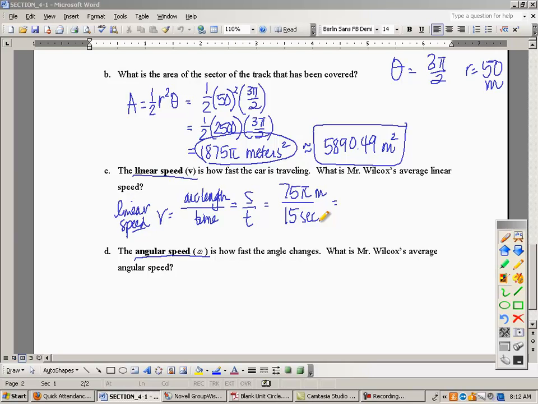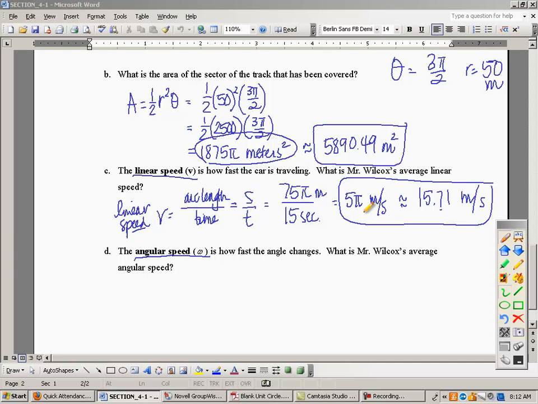But if I reduce this, you end up getting 5 pi meters per second, or you can approximate this to 15.71 meters per second. Okay, so we would take either of these. It depends, again, calculator, which is this one, or no calculator, this one. Okay, so linear speed is just speed, miles per second, or miles per hour, meters per second, anything like that.